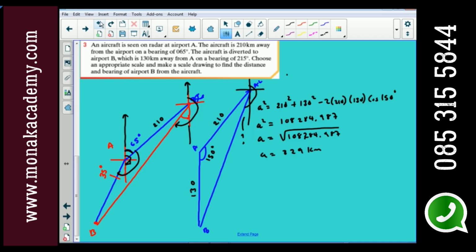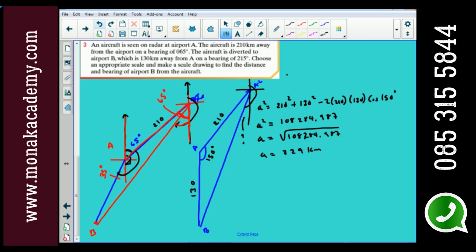Look, there is the Z angle, like that and like that, isn't it? So this angle here is 65.